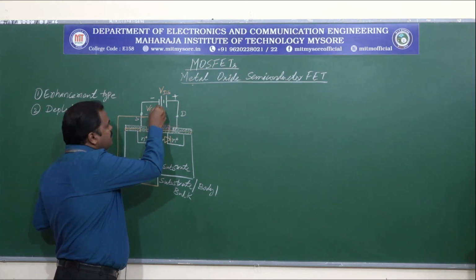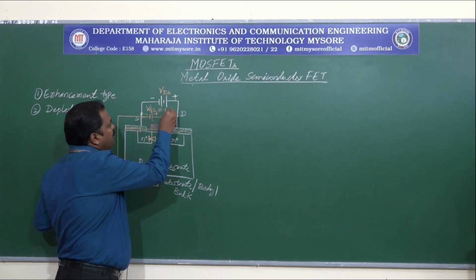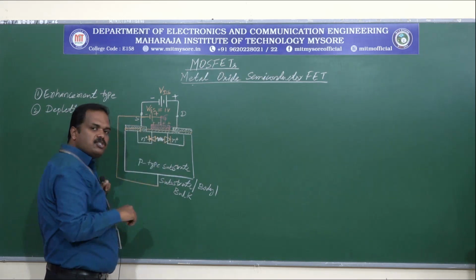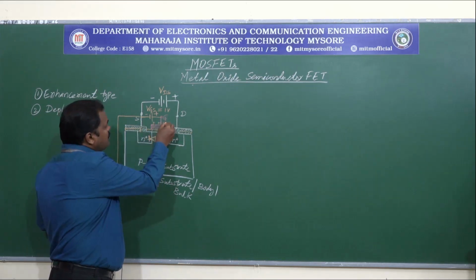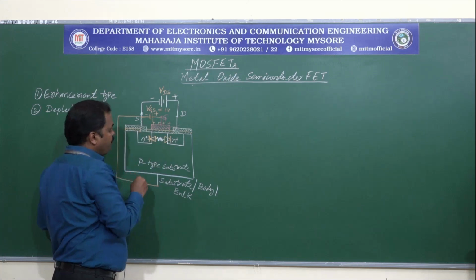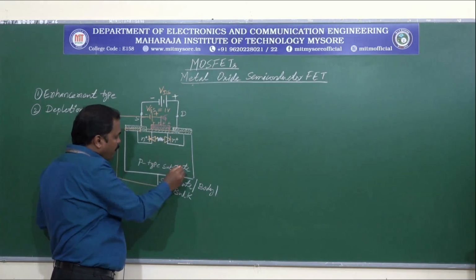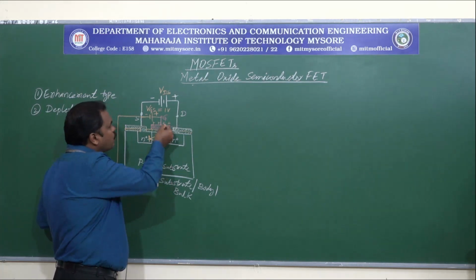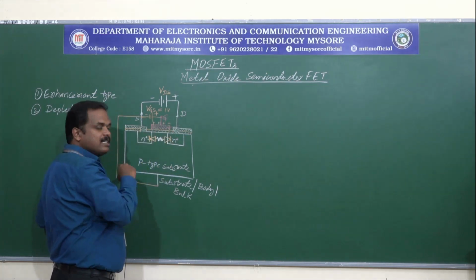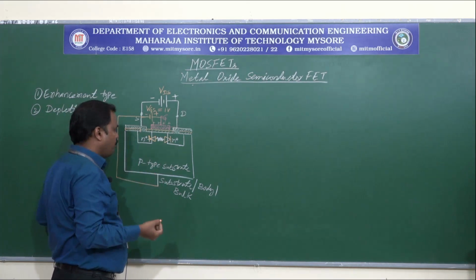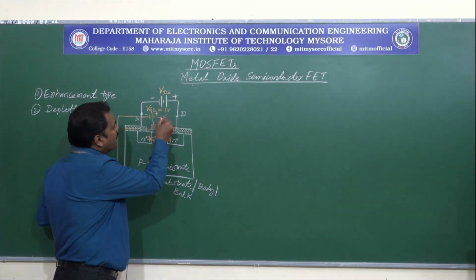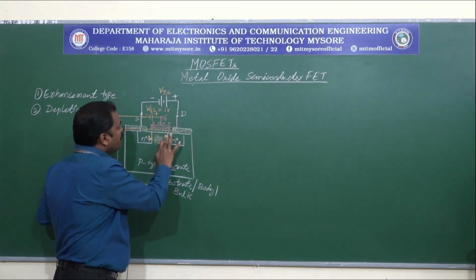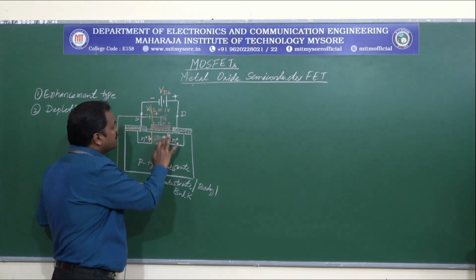Now if I increase this VGS, say for example I'll make this 1 volt, then here I'll be having positive energy. Because here I have positive energy, the electrons which are available in the p-type substrate will be attracted towards this positive energy, just like with the semiconductor diode.